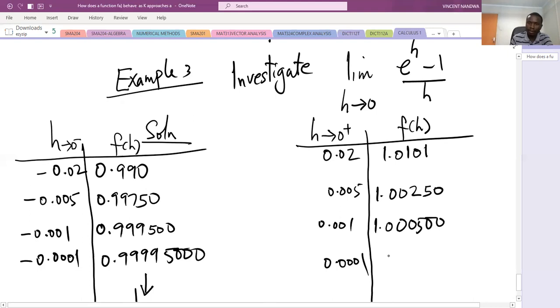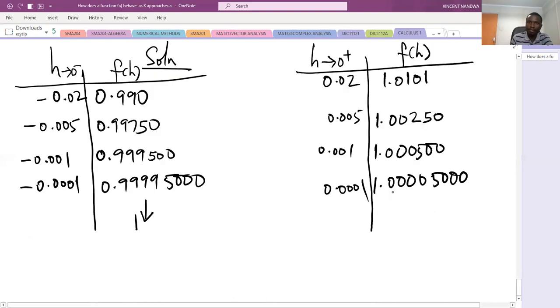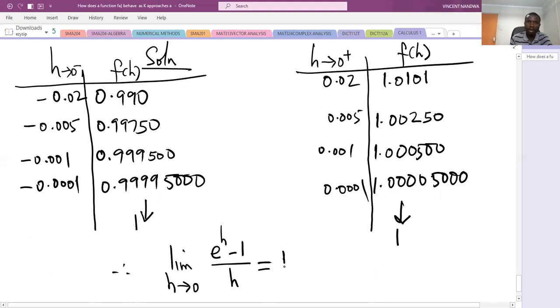And this will be 1.0000500. So you see, these values are roughly approaching 1. So therefore, we say the limit as h approaches 0 of e raised to the power h minus 1 divided by h is just 1.